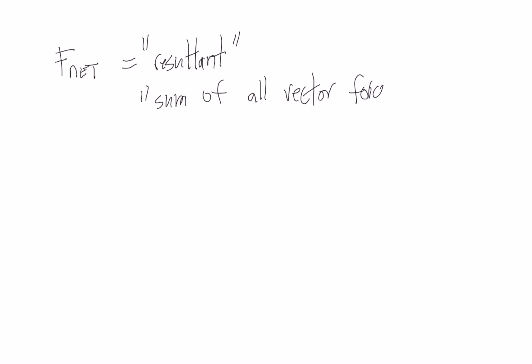We don't really label the net force on the diagram, but just like the word sounds, it is basically the resultant force, or another way of thinking about it, the sum of all the vector forces. Okay, that's where we're going to end today, and we'll look at net forces in the next topic.